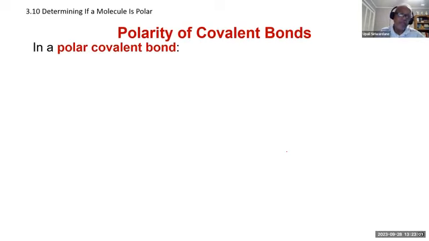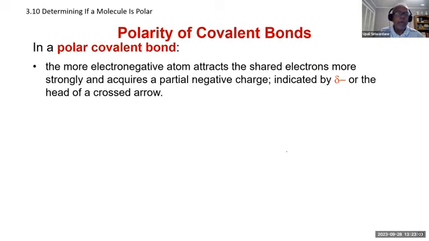A covalent bond is polar if there's a more electronegative atom and a less electronegative atom.